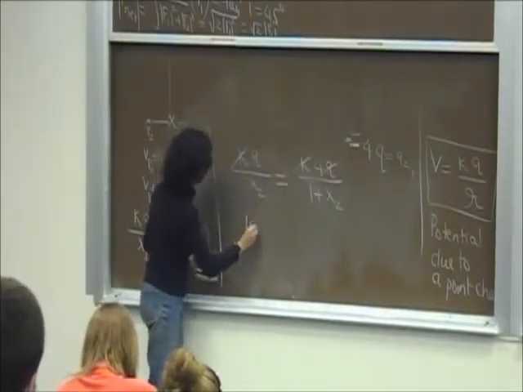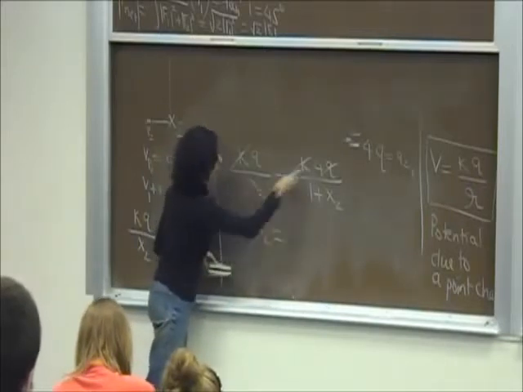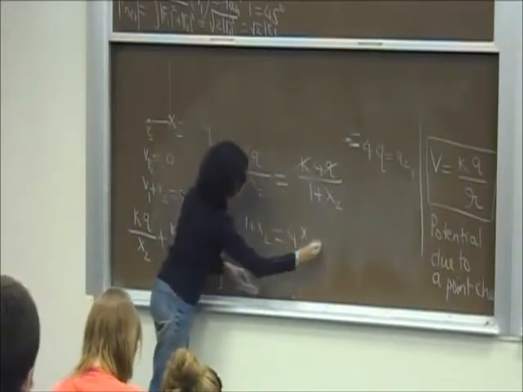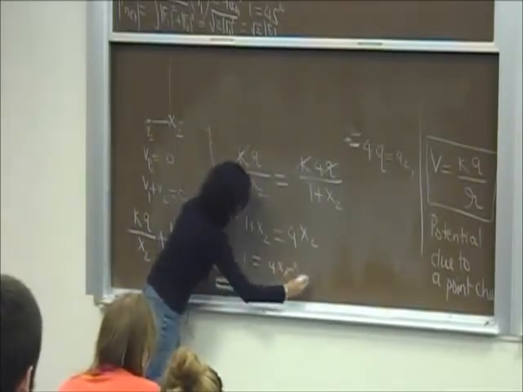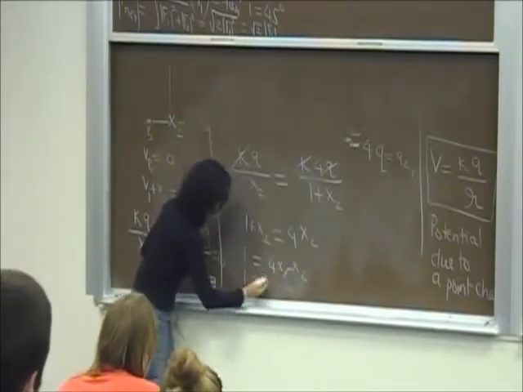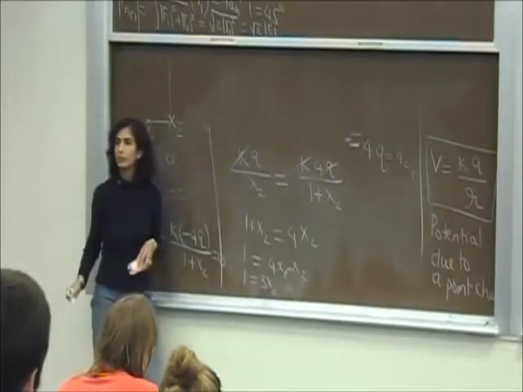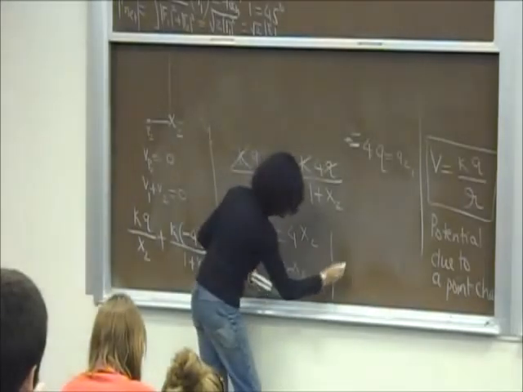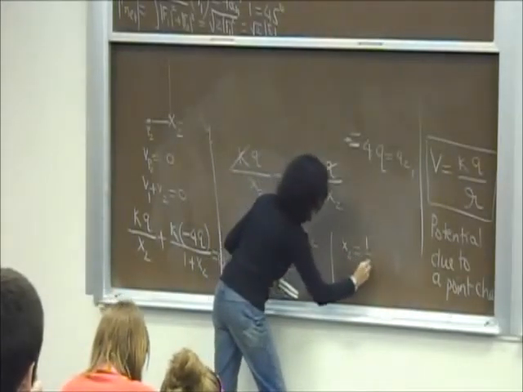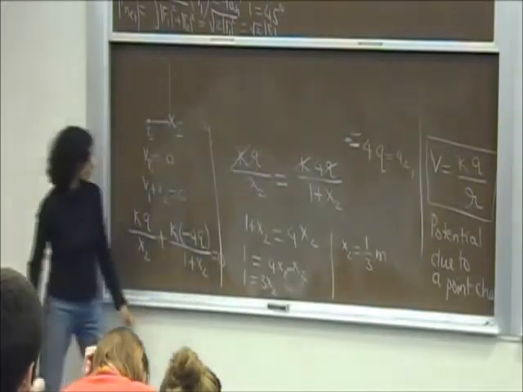So what I get is 1 plus x2 is equal to 4 times x2. In other words, 1 is equal to 4x2 minus x2. That means 1 is equal to 3x2, and this means that x2 will be equal to 1/3 meter.